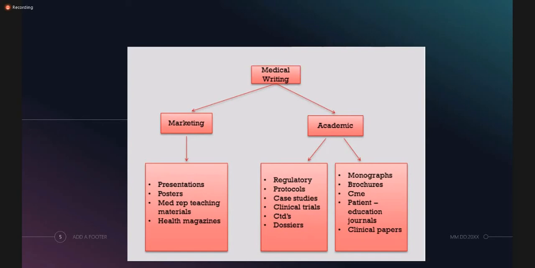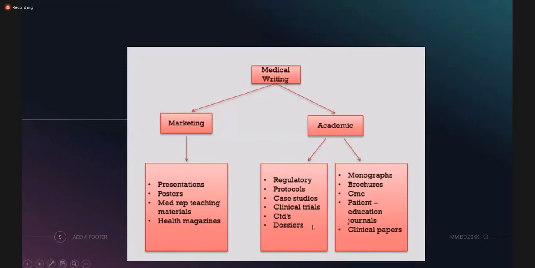Those guidelines are for the general public as well as for the doctors, and they come under the heading of regulatory or protocol writing. So anything you write as a guideline for the masses under the umbrella of some regulatory body is called regulatory academic writing.